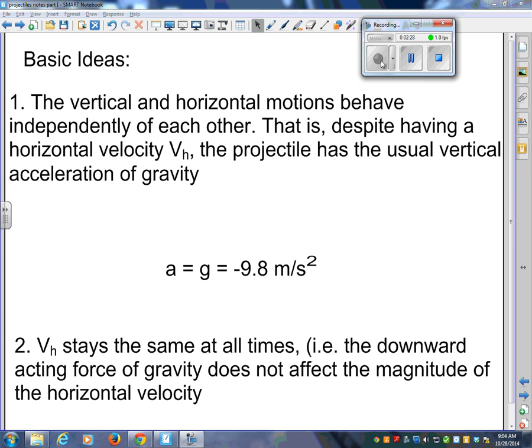Number one is the vertical and horizontal motions are independent. Number two: VH stays the same at all times. If there's a second statement that's important, that's it. I.e., the downward acting force of gravity does not affect the magnitude of the horizontal velocity. It remains constant throughout.